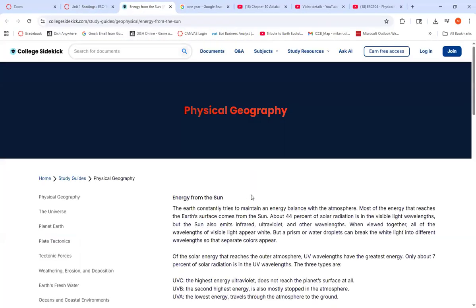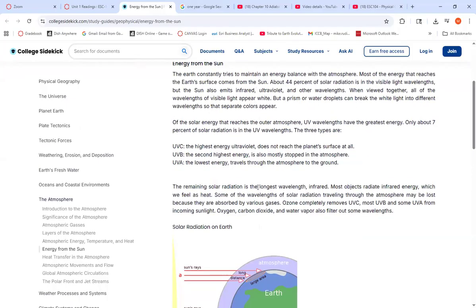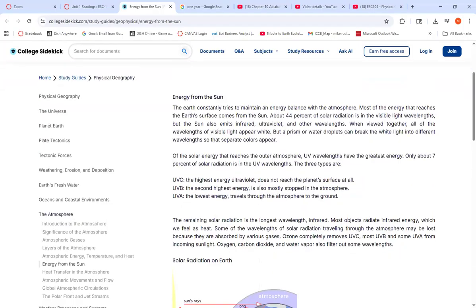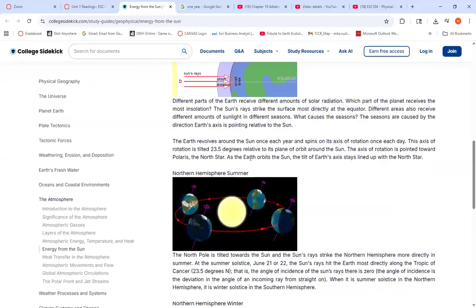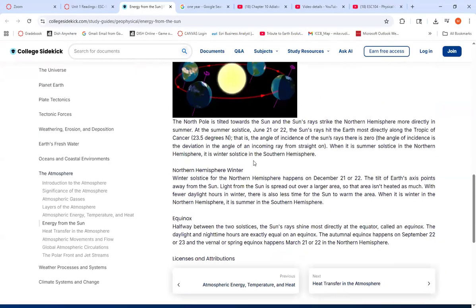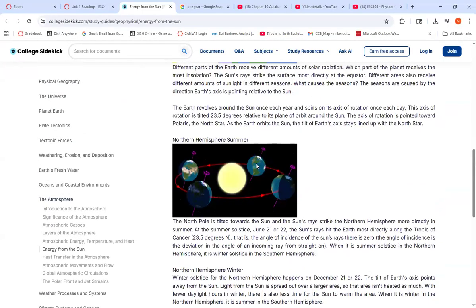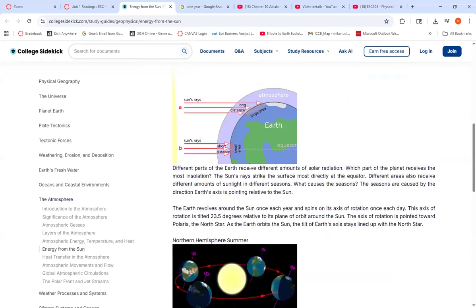The energy from the sun is primarily in the shorter wavelengths, like visible light and ultraviolet light. This overview highlights how the sun's rays strike the earth, and at different times of the year, they hit at different angles, indicating different magnitudes of strength. When we do the Sun Angle Lab, we're going to look at areas around the equator with a latitude of 0 versus areas near the poles that have a latitude of near 90 or negative 90 in the South Pole.